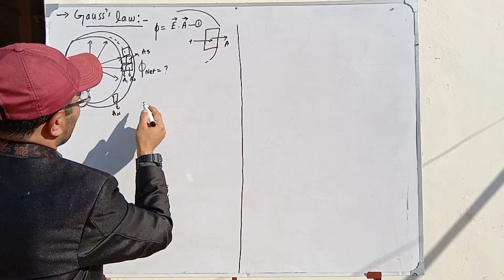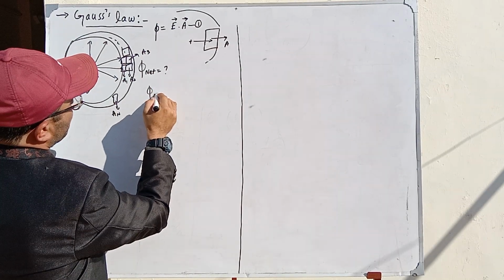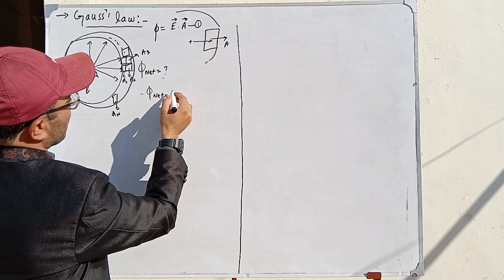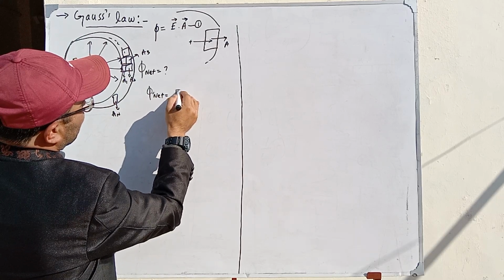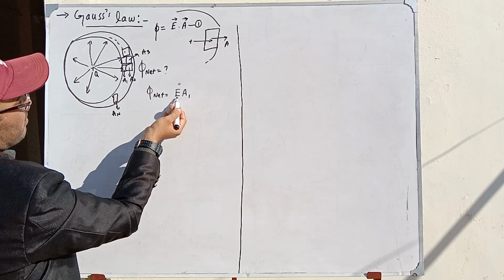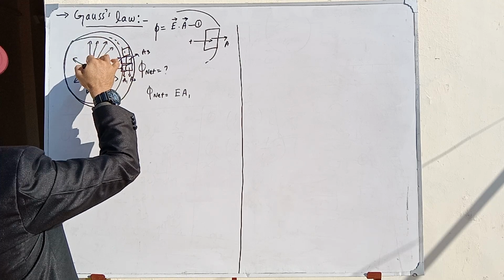So what is the net electric flux? The net, meaning total, electric flux will be calculated by E A1. I am taking E because E is in a symmetric form.